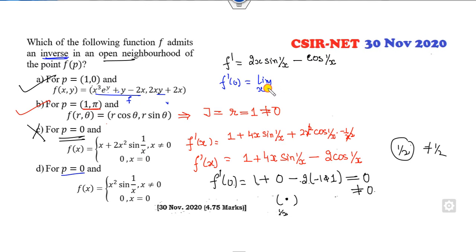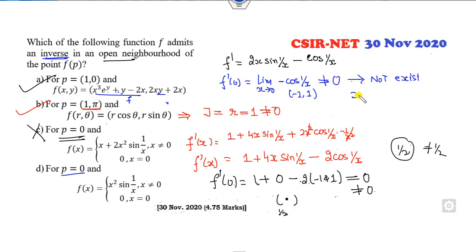So this number is minus cos(1/x). Can you say this number is always non-zero? No, it is not possible, because this number may be 0 or may not be 0. So what does it mean? It means this function does not exist, because it consists of values between minus 1 to plus 1.